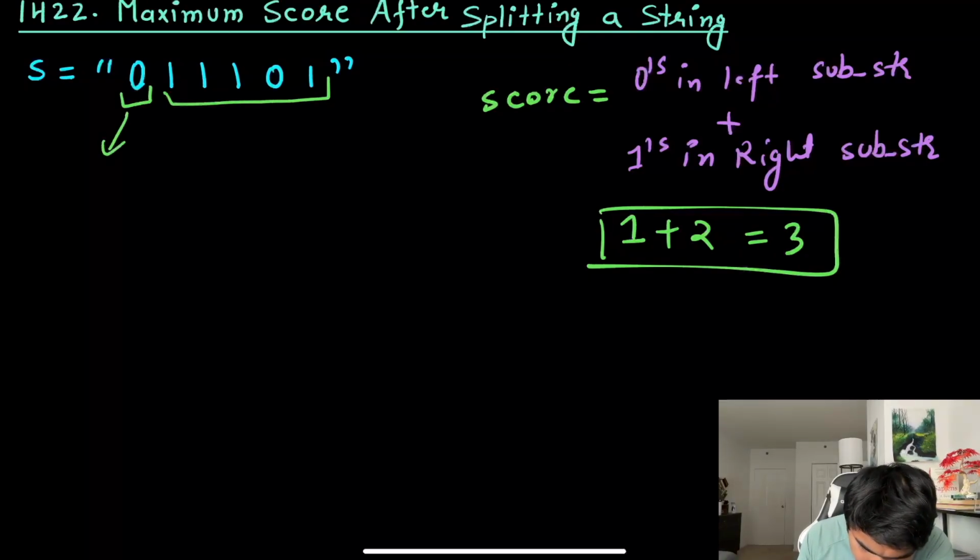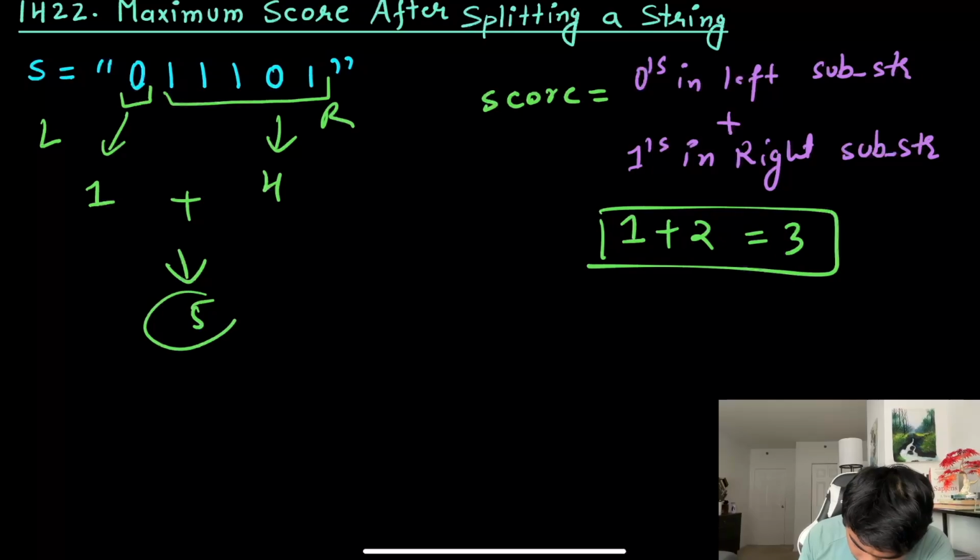So now the number of zeros in left and number of ones in right, let's note down. Zeros is 1 and ones are 4. So what is the score now? That is 5. Isn't 5 greater than 3? Yes, it is. So this is another score, and 3 is another score.